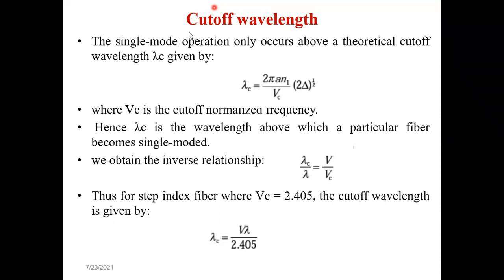Okay, so write down the question. A multimode step index fiber with a core diameter of 80 micrometer and a relative refractive index difference of 1.5% is operating at a wavelength of 0.85 micrometer.